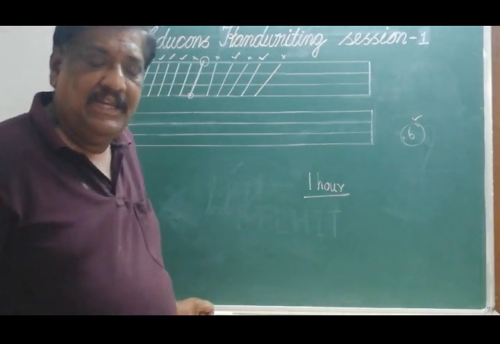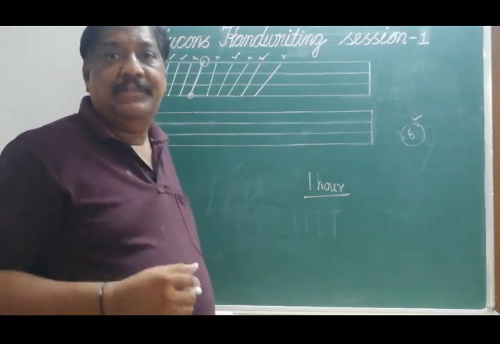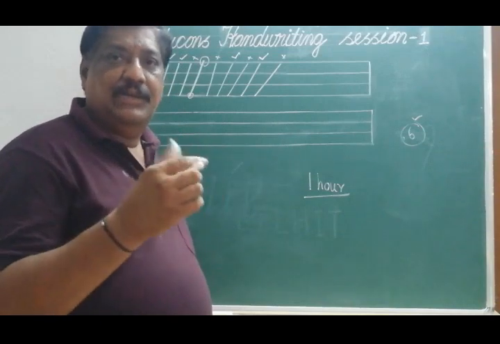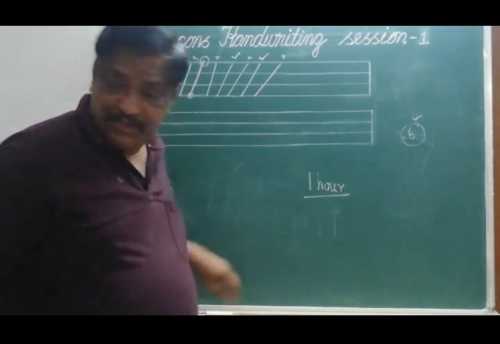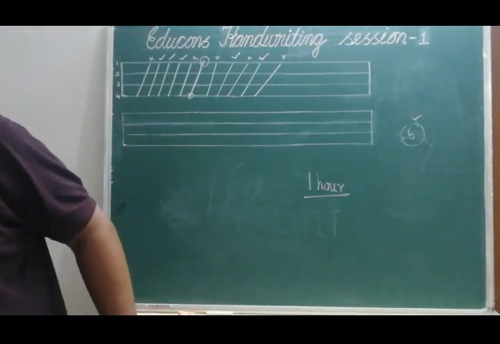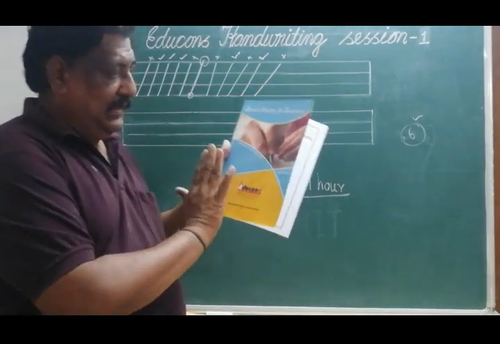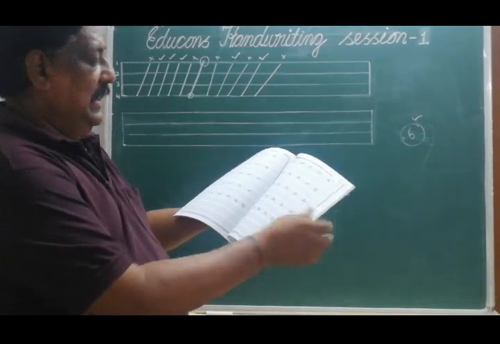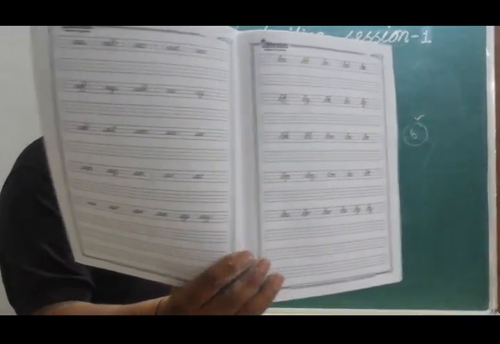Then after construction, we will go into how to make joining, then how to leave space, where to start the letter, where to end the letter, everything. Okay, right. I'll show you. This is the book. Okay, don't worry. This book we are going to complete in these 15 days. This book is completely handwritten. It was written by hand.